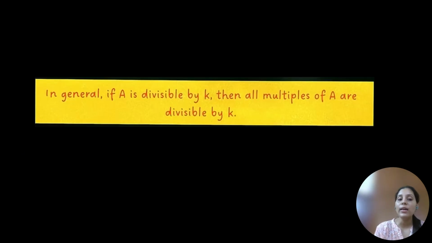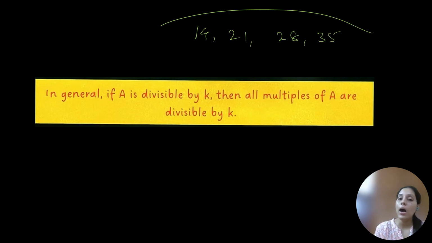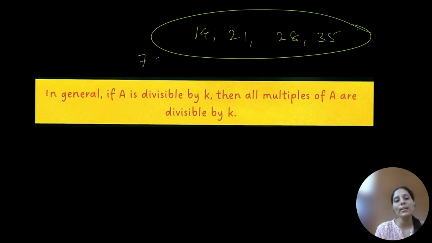In general, if A is divisible by K, then all the multiples of A are divisible by K. Yes, that means 14, 21, 28, 35 are also divisible by 7. I hope this is clear.